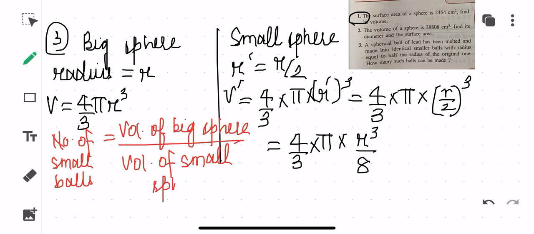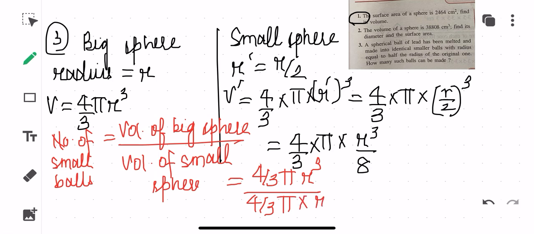Okay, so this is coming out to be how much, children? What is the volume of the big sphere, children? We have calculated that it is equal to 4 upon 3 pi r cube. And for the small sphere we have calculated 4 upon 3 pi into r cube upon 8.